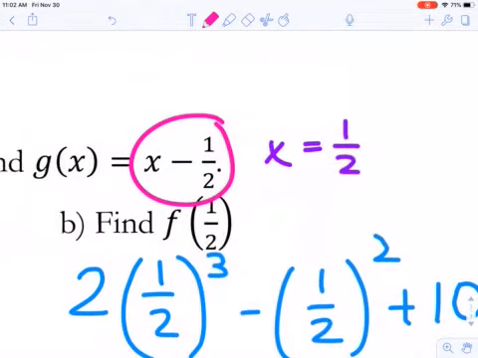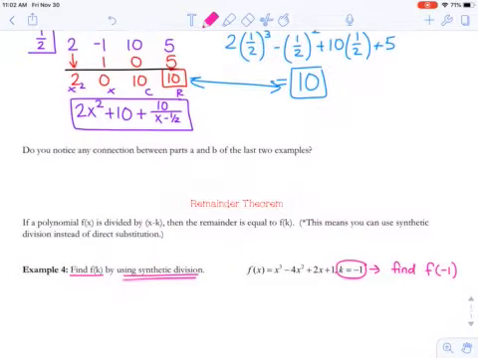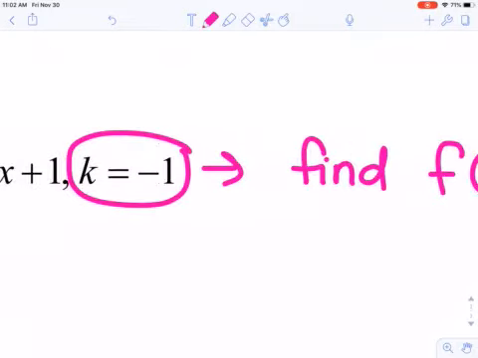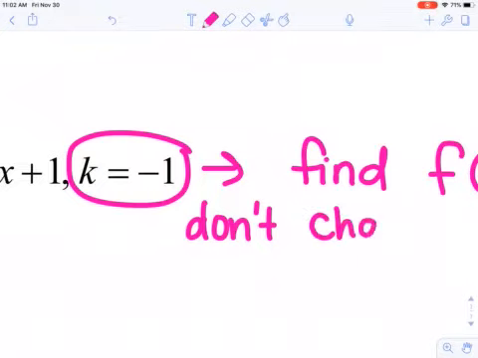But when we found f of the number, it was the opposite sign of what they gave me. Here, they're not giving me the factor, they're giving me the k value, so I will not change the sign. So when you're given a factor, and factor is technically not even the word I should be using, but if you're given a binomial, that is when you change the sign. Whereas if you're given a k value, you don't change the sign.